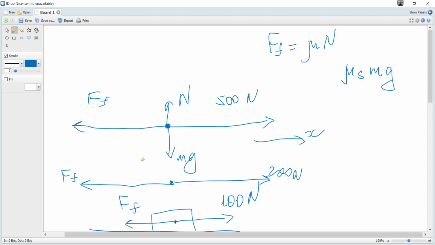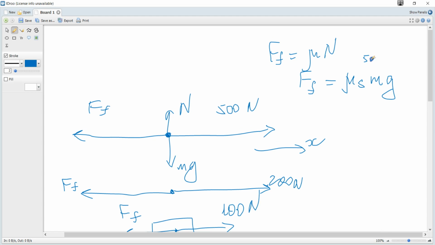For another problem, you should consider the second Newton's law in components on the x-axis and y-axis, and solve for n. But here it's quite simple. n is just mg, and hence the frictional force is equal to this. And for this example, it's 500 newtons.